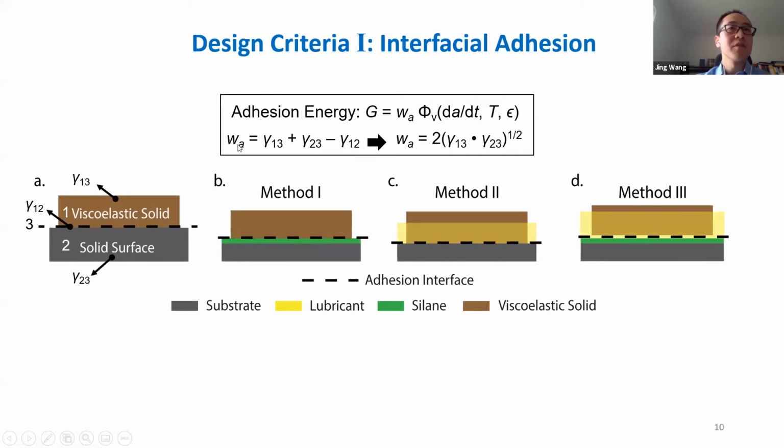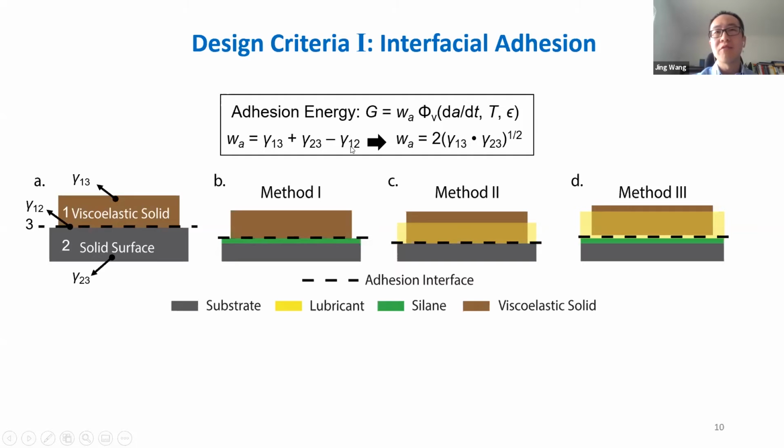The work of adhesion can be expressed as follows: when this viscoelastic solid is in contact with the solid surface and is under air, which is 3, the surface energy together is gamma 1,2. When we want to detach them, the entire surface energy state becomes gamma 1,3, which is the viscoelastic solid to air, plus gamma 2,3, which is the solid surface to air.